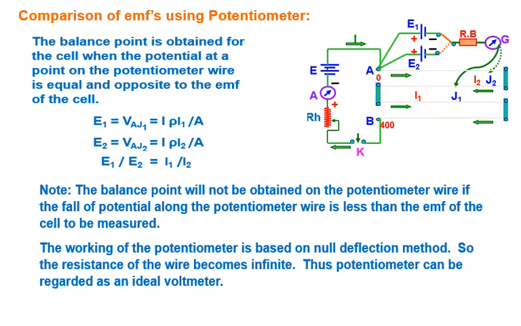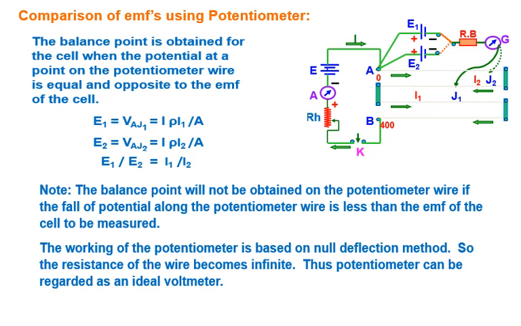Applications of potentiometer. The first application of potentiometer is comparison of EMFs of two primary cells. As shown in the adjacent diagram of this slide, the circuit diagram is for the comparison of EMFs of two cells.